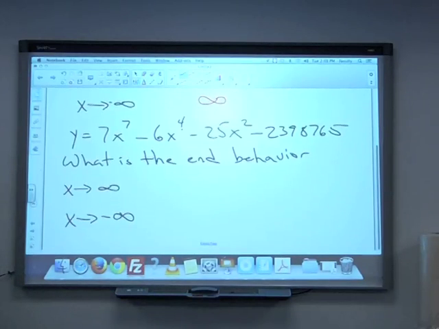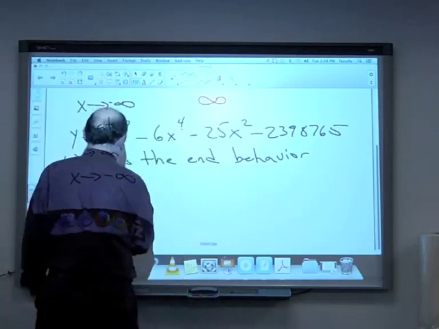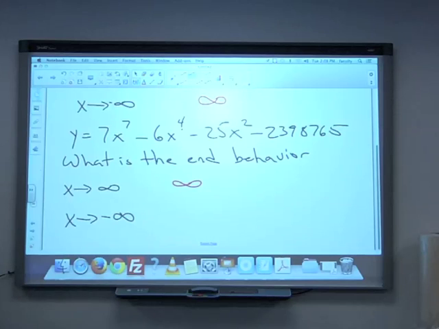Well, if x goes to infinity, where's my graph heading up to? It's going to infinity, right? All the other terms disappear when x gets really, really large.